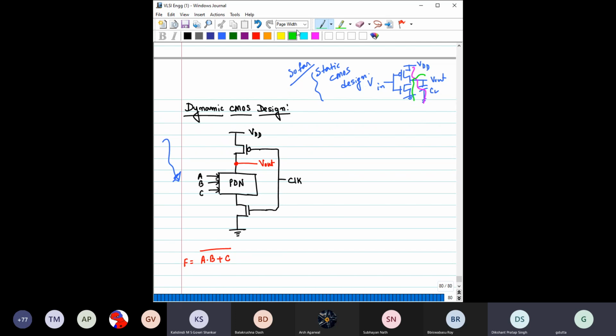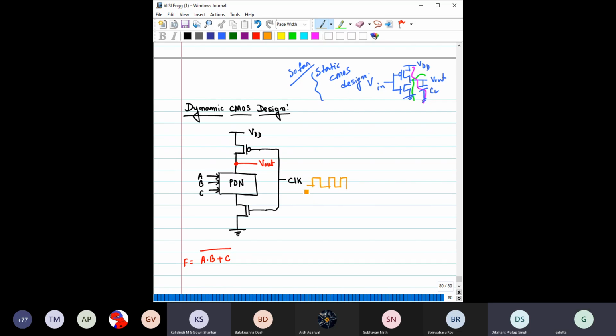But in dynamic CMOS design, the circuit topology looks something like this. We have one PMOS transistor connected above and one NMOS transistor connected below, and with these two we do not give the input, but we feed one clock signal.